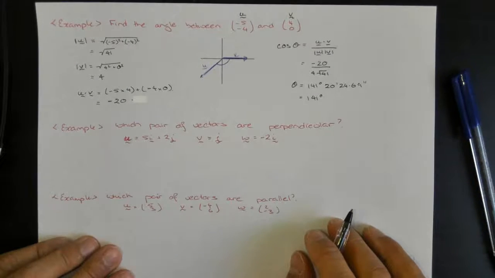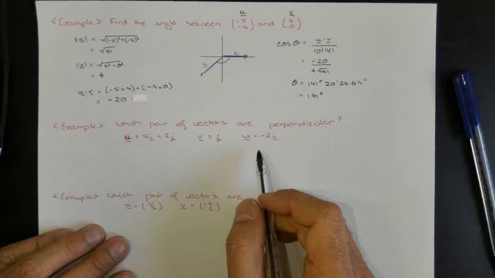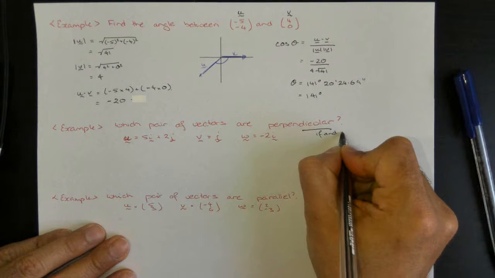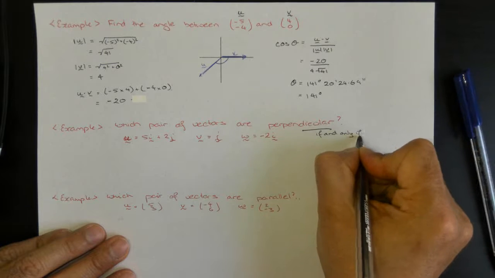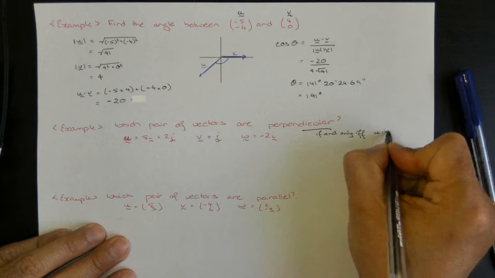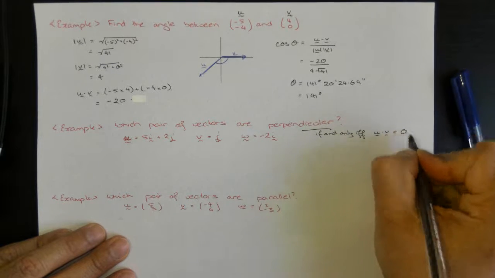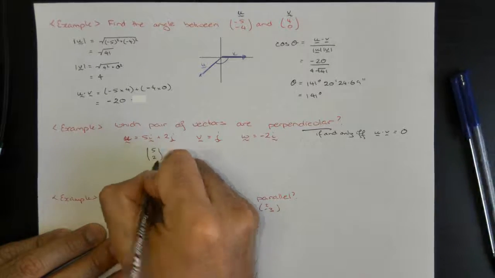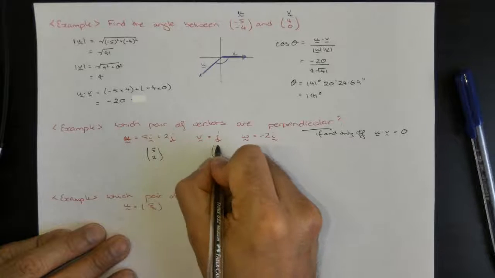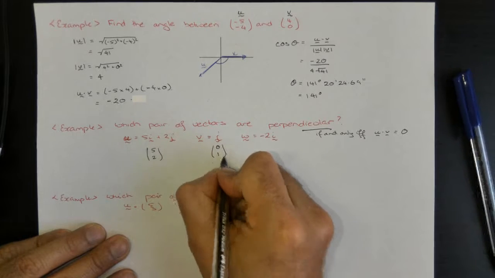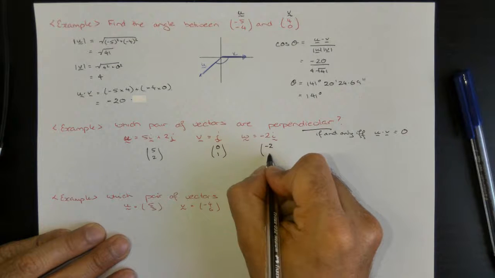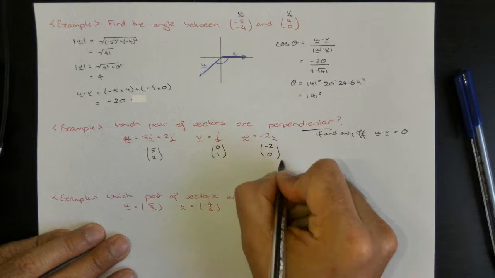Okay, so which pair of vectors are perpendicular? They're perpendicular if and only if the dot product is 0. So what I'm going to do is write these in column form. So that's 0 in the i direction but 1 in the j direction, and negative 2 in the i direction, nothing in the j direction.